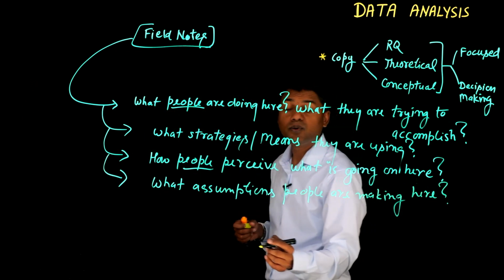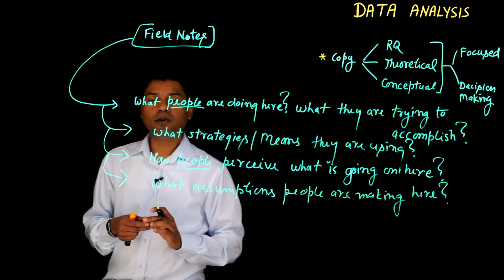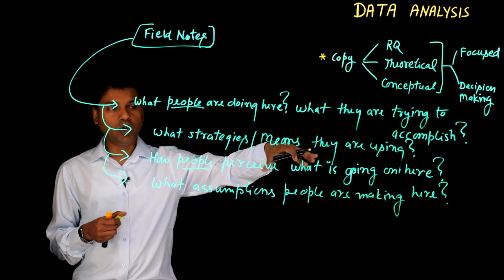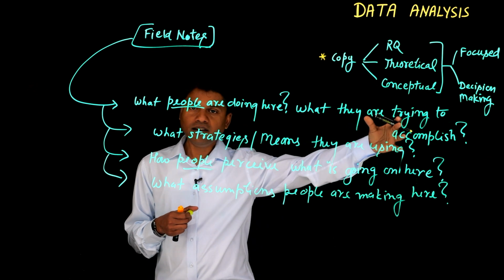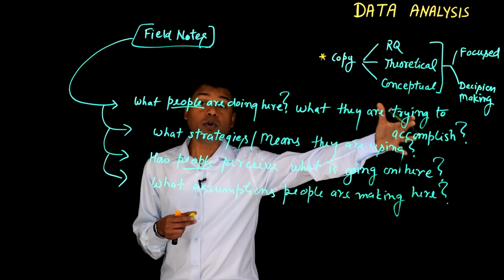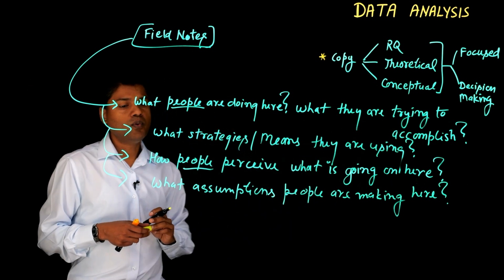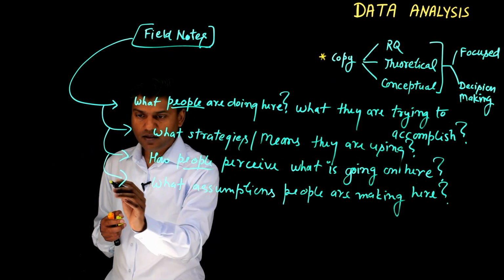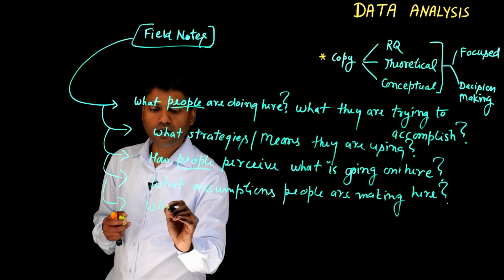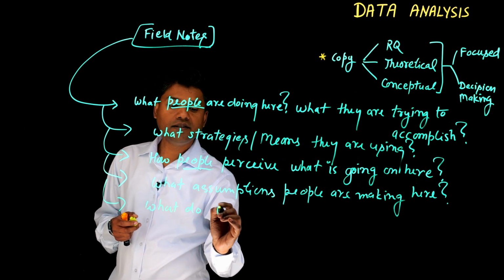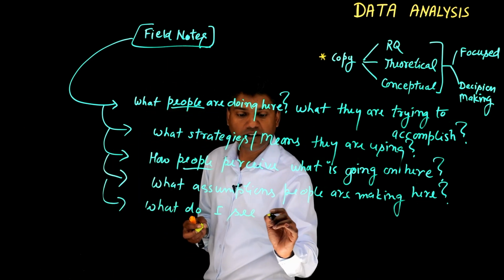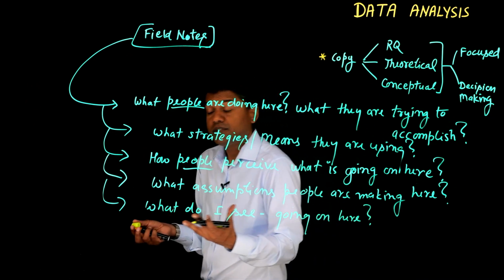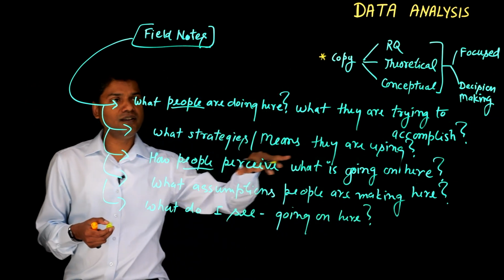In your descriptive field notes, think about what assumptions the people engaged in whatever they are doing in their natural setting hold. Further, what do I see going on here? What is my perception about what is happening here?